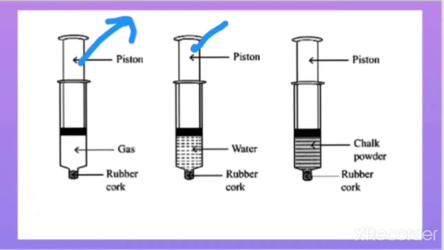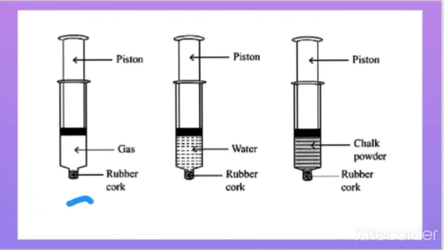This is called the piston area. First of all, remove this piston, and a rubber cork should be inserted in this tip region, so that whatever content is there in the syringe will not move out. So first you have to use the rubber cork to close this end region, and the piston is removed.